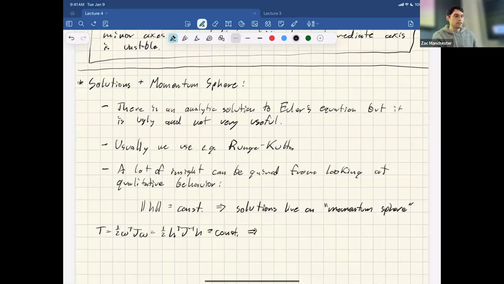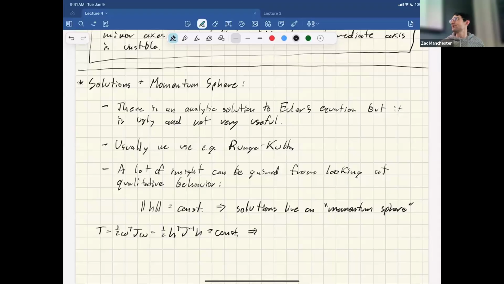So what kind of surface does that describe? Anyone tell me? Well, it's a quadratic form, if I have this kind of thing is a constant. How about if J is the identity, what is it? If J is identity, it's just H transpose H, it's H squared equals constant, right? It's the same as the other one. That would be a sphere, right?